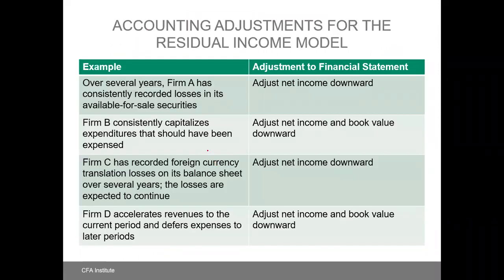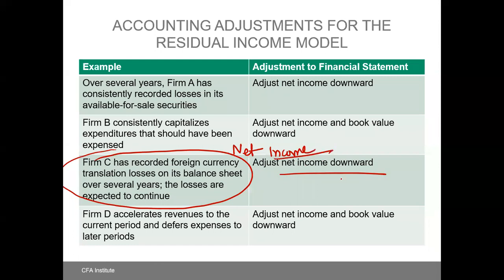Okay. So just to highlight one of the examples we discussed earlier: if the firm has a loss from foreign currency translation, in that case, you have to make some adjustment, so your net income should be adjusted downward. Okay. So these are some exceptions where residual income needs to be adjusted for the dirty surplus issues. Okay. So that is all for residual income.